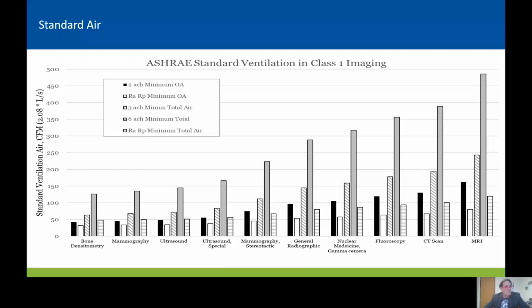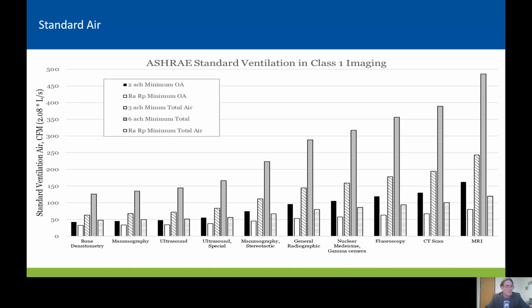The size of the rooms varies quite a bit. The volume of the room varies potentially even more. So for all of these rooms, each of which has 2 people in the room for about a 20-minute period with a piece of imaging equipment, our outside air calculation varies by a factor of 4, and our total air calculation varies by a factor of 9.